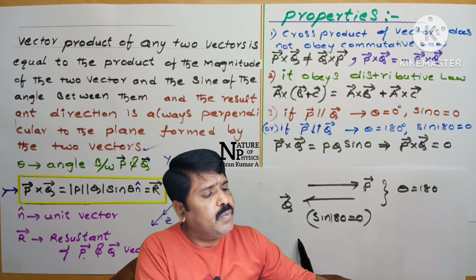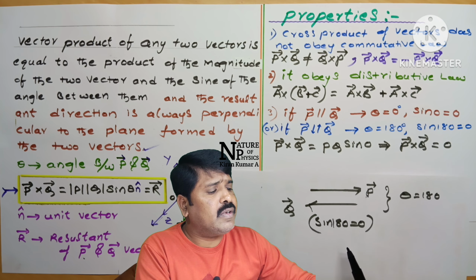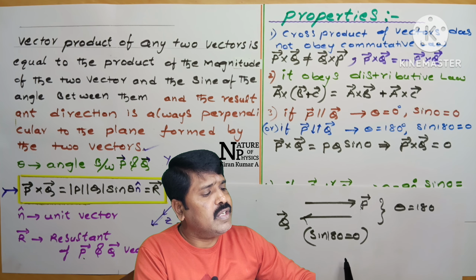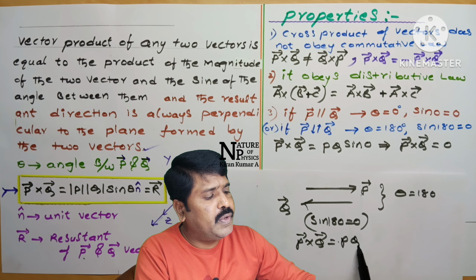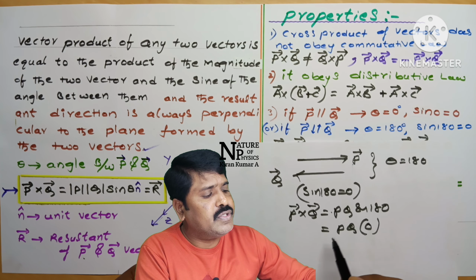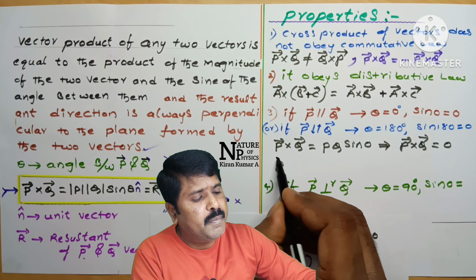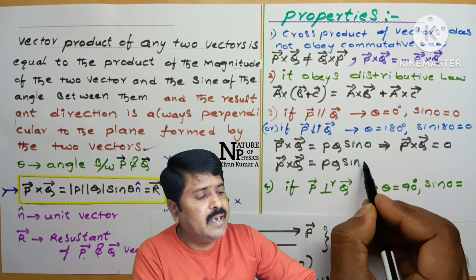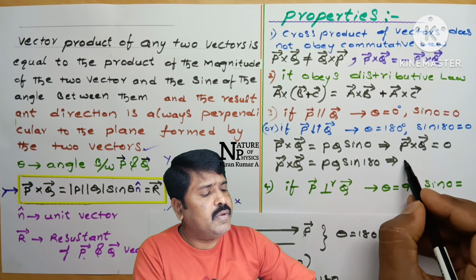One thing you have to notice again: the vector product between P bar and Q bar is equal to 0 because sine 180 is equal to 0, and 0 into anything is 0. So P bar cross Q bar is equal to PQ into sine 180, and sine 180 is 0.